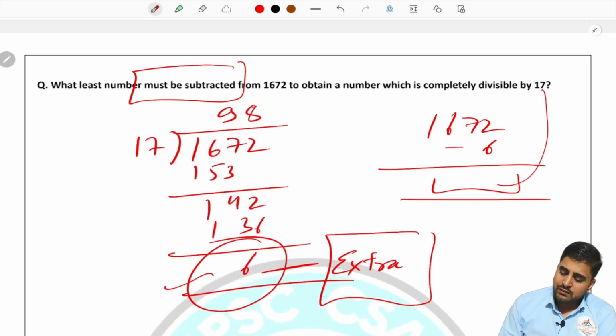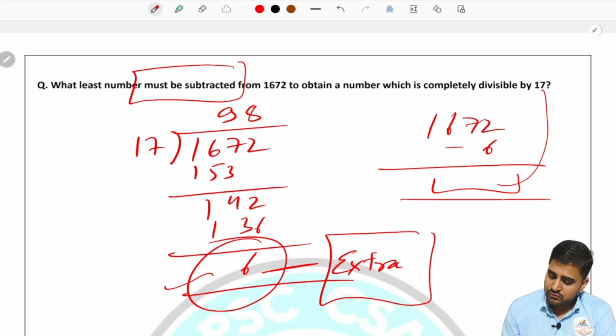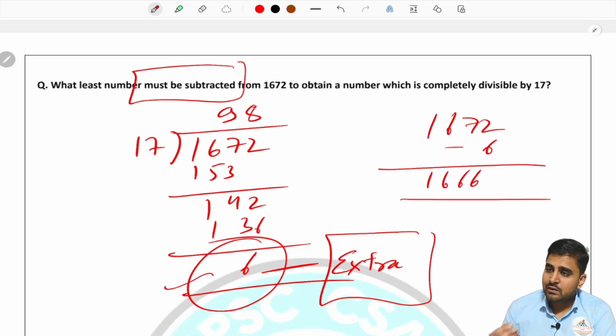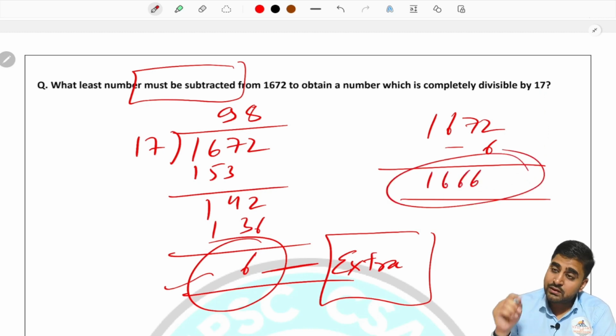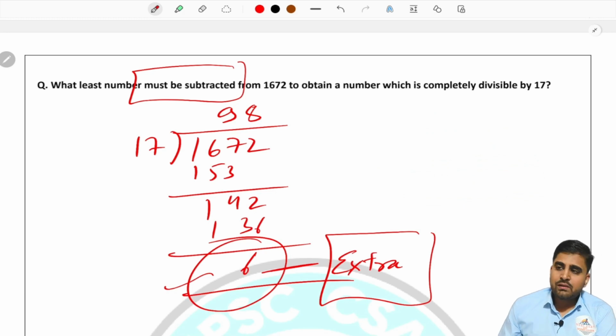But if the question asks for the number which is completely divisible by 17, then you have to subtract 6, and that number, 1666, becomes the answer. So these two or three types of questions came in previous year questions. Let us move to the next question.